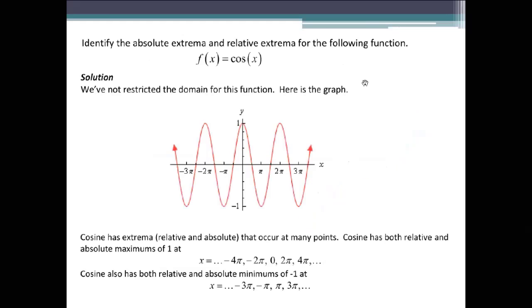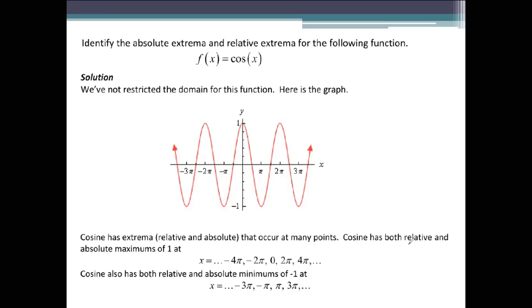Okay, so the next function, identify the absolute extrema and relative extrema for the following function. So f of x is cosine x. This is the graph of cosine x. This is a periodic function, and cosine has extrema, relative and absolute, that occur at many points because, again, I repeat, the period of this function is 2 pi.